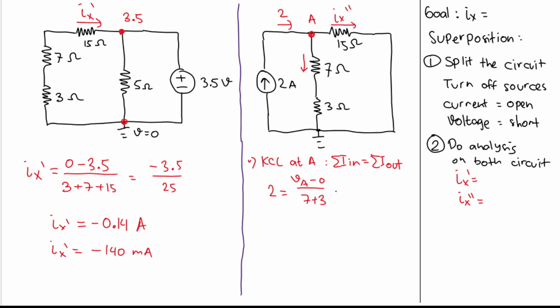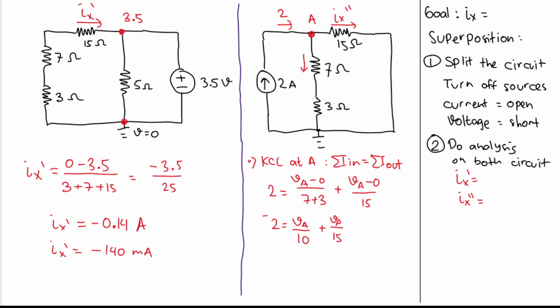And then I will have plus VA minus 0 divided by 15. Good. And I will have 2 is equal to, maybe let's take VA out here, we'll have VA over 10, and then plus VA over 15.